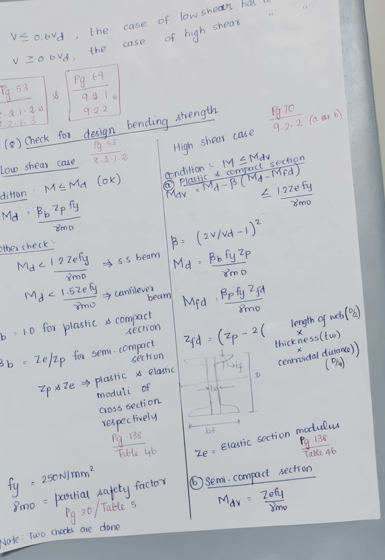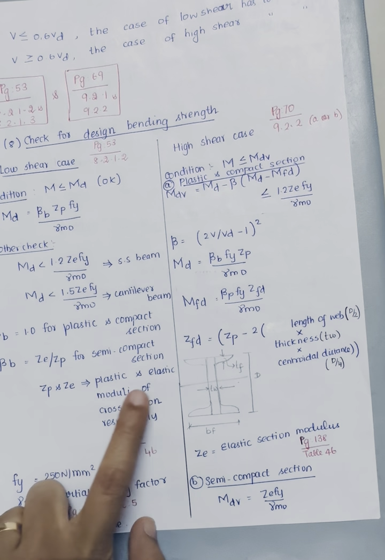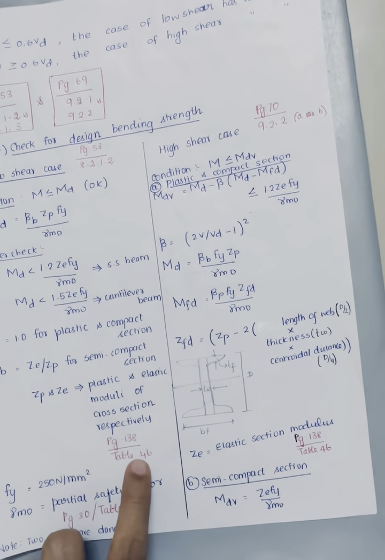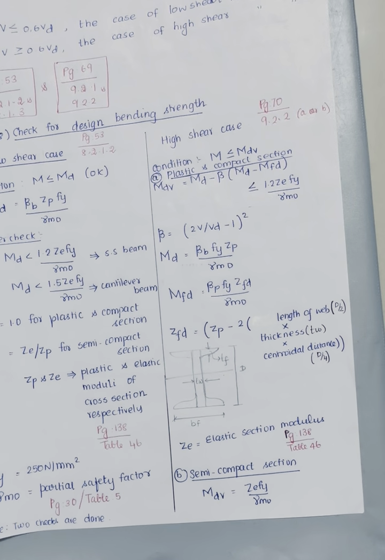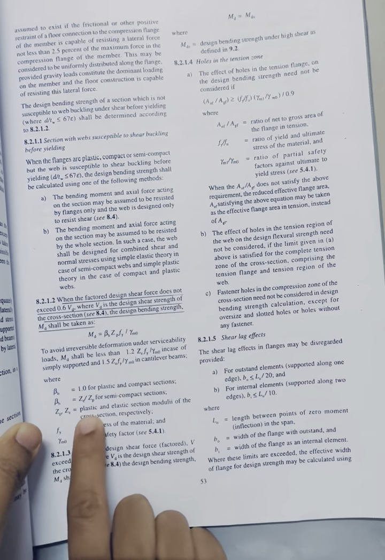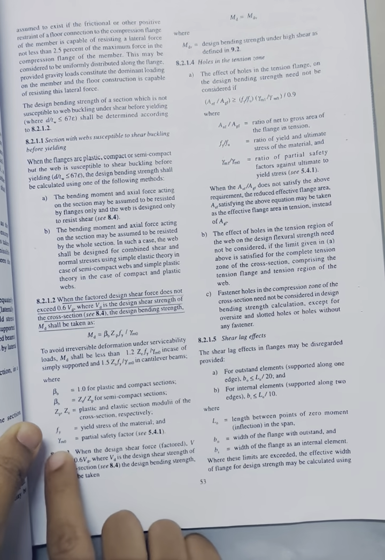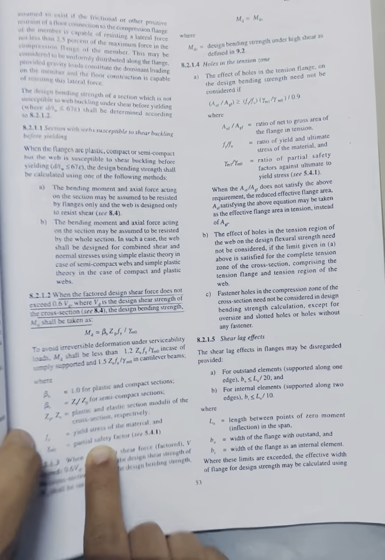Beta B is 1 for plastic and compact section, as given in the code book. Beta B is equal to Ze by Zp for semi-compact section, where Zp is the plastic and Ze is the elastic modulus of the cross section respectively. Everything is given here. Fy is the yield stress of the material, and gamma M naught is the partial safety factor.